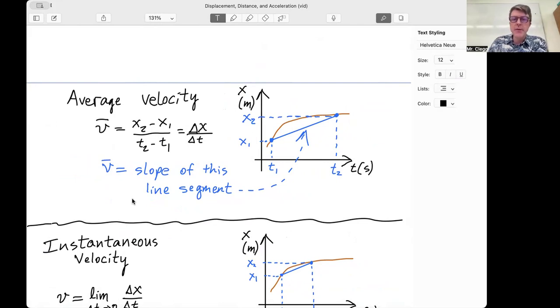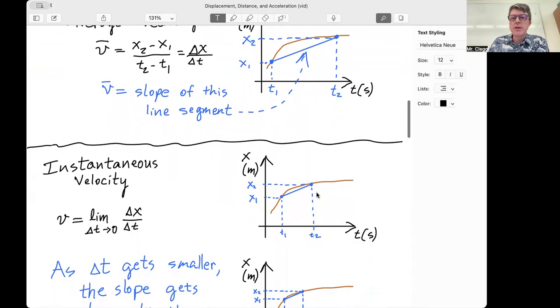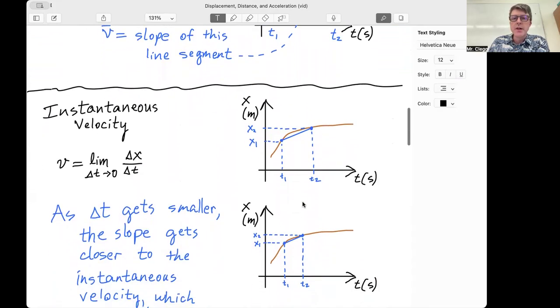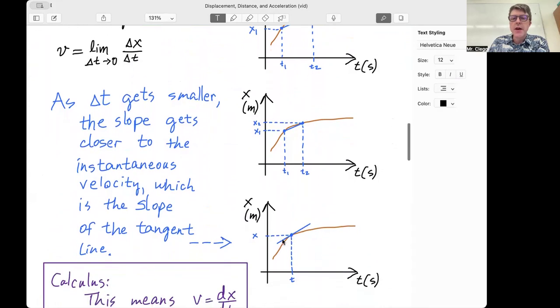Now, if we want to find out how fast something is going at a certain moment, we can make the average velocity time interval smaller and smaller. So here we're putting t1 and t2 closer together until now we have a slope that shows the speed at this exact moment in time. Instead of two different moments in time, those two became one.